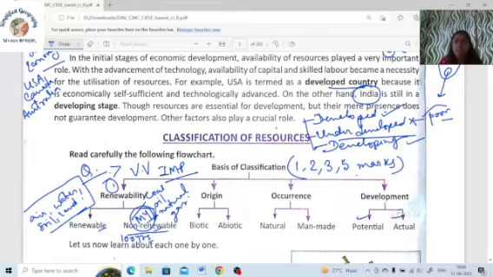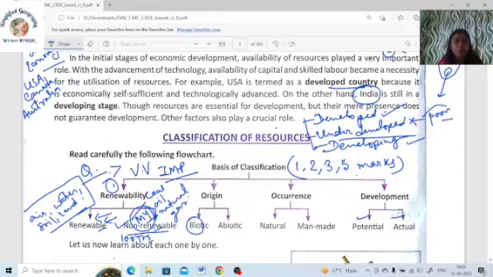So that's why we need to be very much alert these days. We should not use more and more non-renewable resources, because once it is gone, we cannot get it back. So we should shift towards renewable resources. And on the basis of origin, we have biotic.